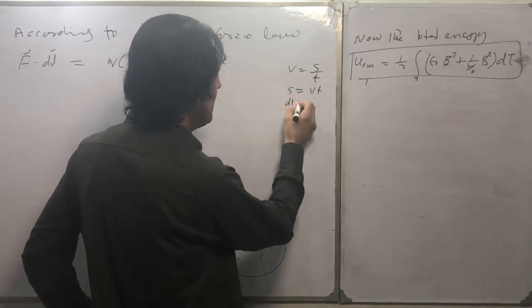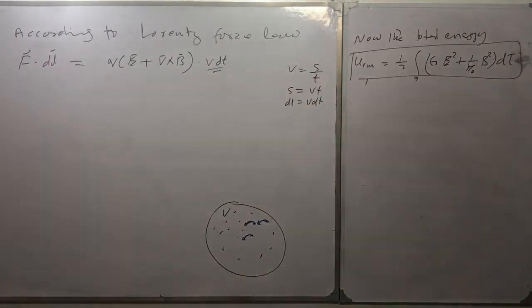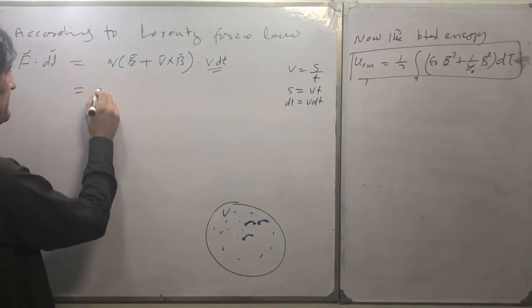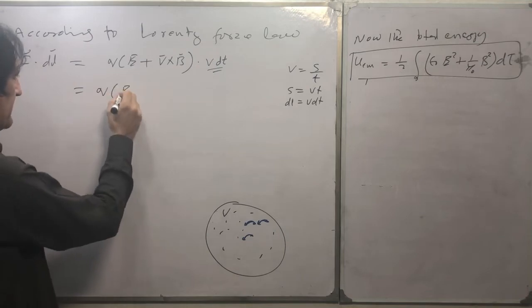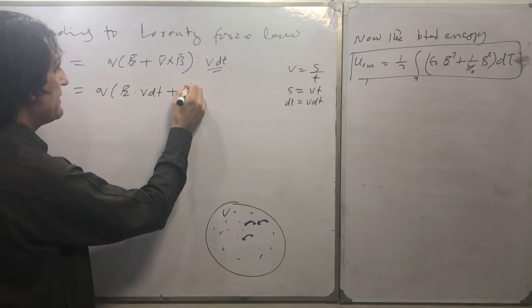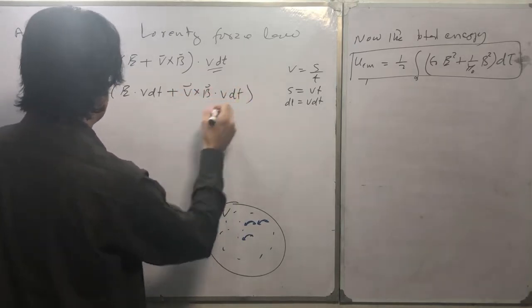So dl is equal to v dt. Now multiplying by v dt, we get q E dot v dt plus q (v cross B) dot v dt.